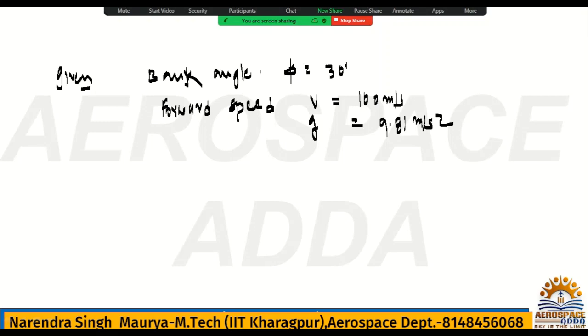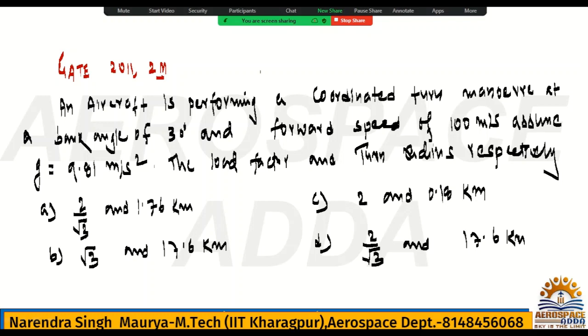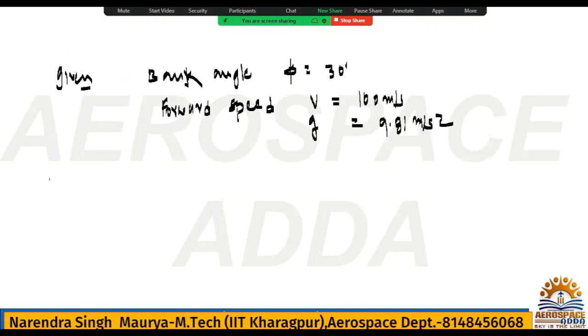Fine. Now what do we have to calculate first? Load factor. So solution: what is the load factor for the turning? It is n, and it is nothing but sec phi.